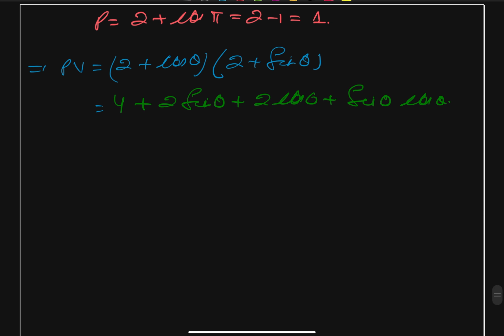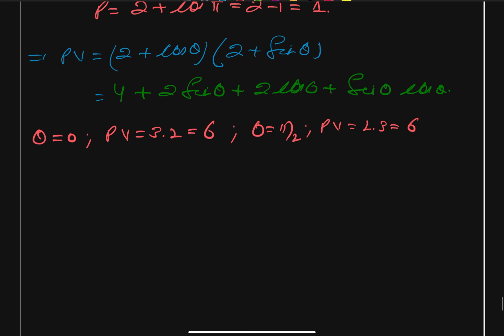So we can say, if theta is equal to 0, our PV is 3 times 2, which comes as 6, and if theta is equal to pi by 2, we get PV equal to 2 times 3, which is also 6. These are only at the extreme points, but at an intermediate point, let us consider theta equal to pi by 4.